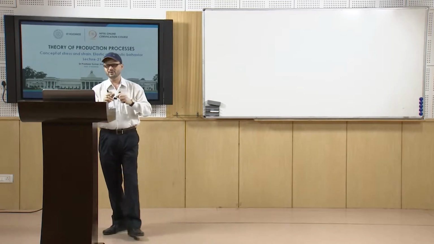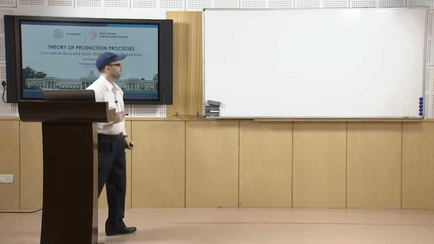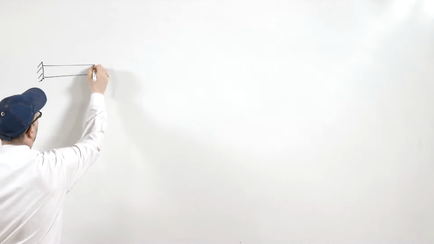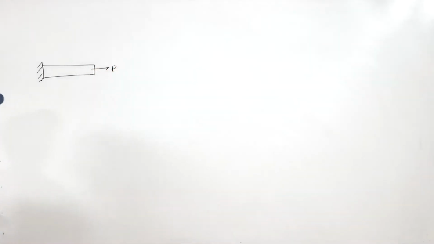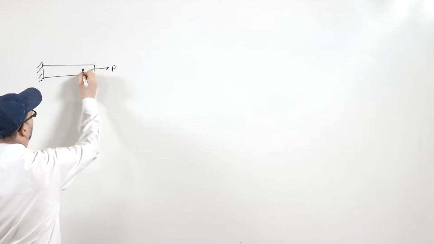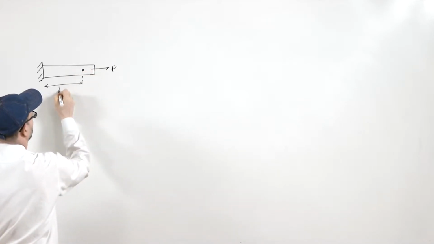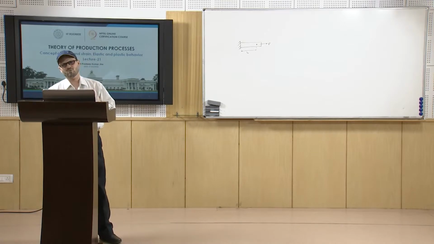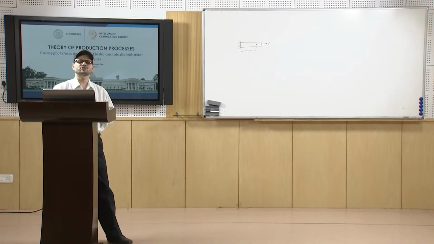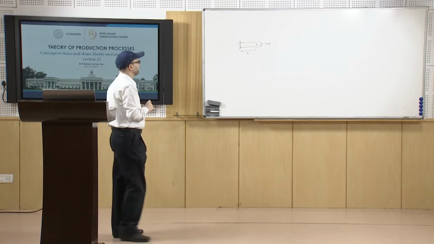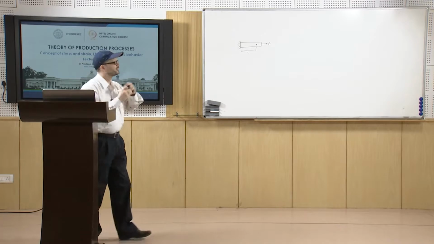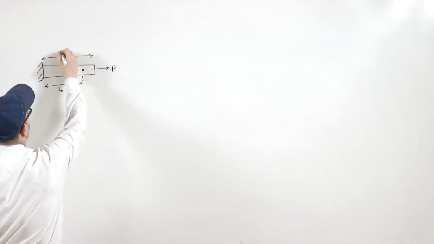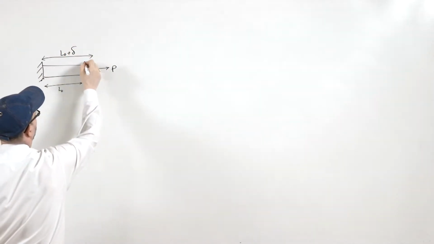Suppose you have a member subjected to a certain load P. The earlier length was L naught, and once you pull it with that force P, the length is increased by delta, so it becomes L naught plus delta.